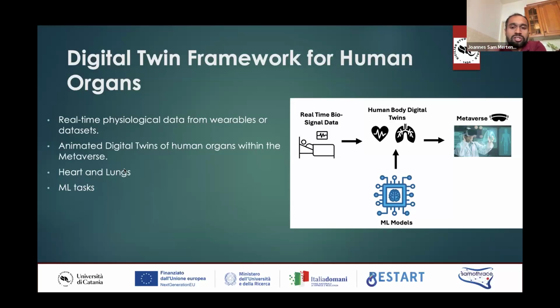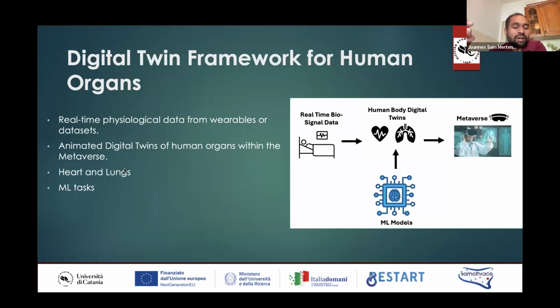So in addition to the real-time view of your organs, the doctor can also see what will be happening in the future. How will your heart be pumping? When you feed the future forecasted data, the doctor can see how your heart will be pumping in the next 2-3 seconds.